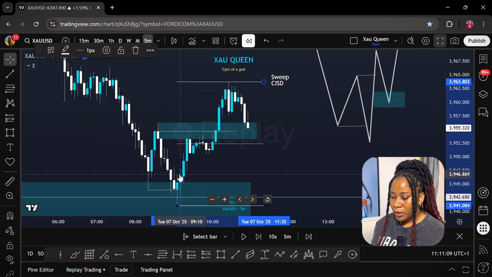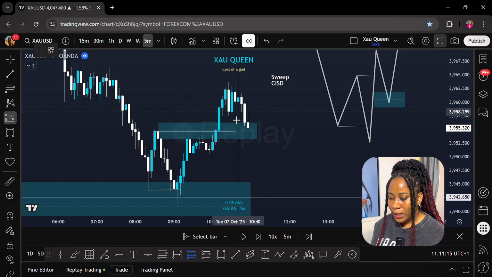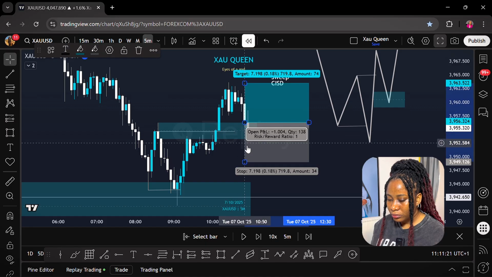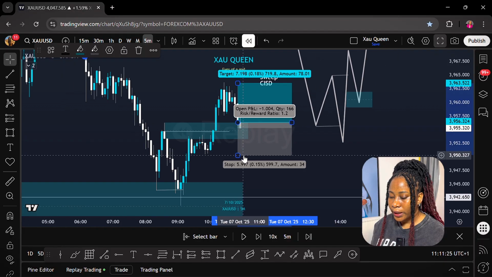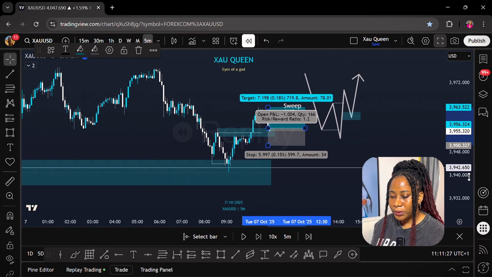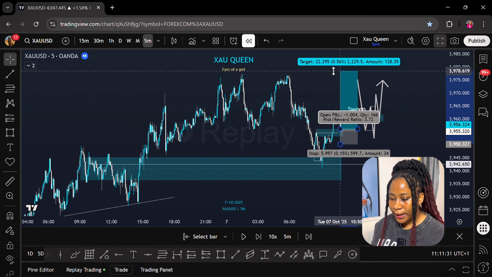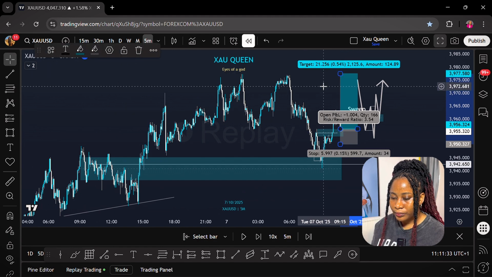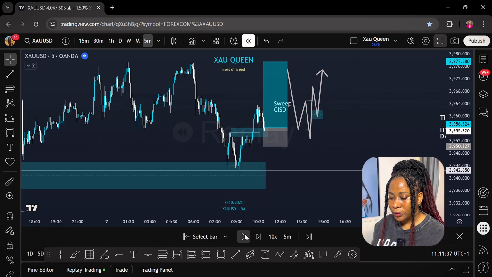This other block does not have an inducement, so I'll practically not be looking for anything below it. So this is where my entry will probably use this body or use the full mitigation block. My SL will be below here, and then we'll be targeting to take out the high. Yeah, this is a 1 to 3 trade.